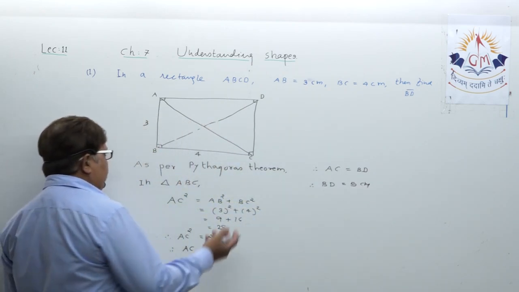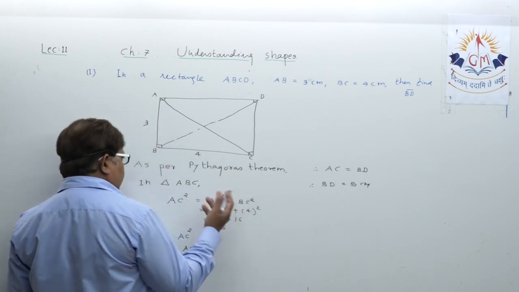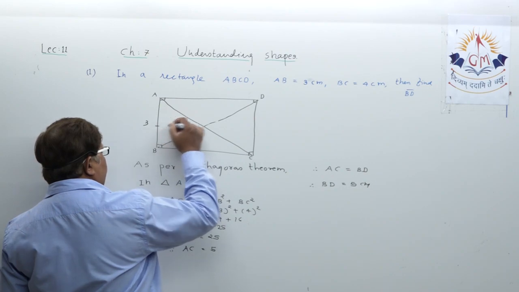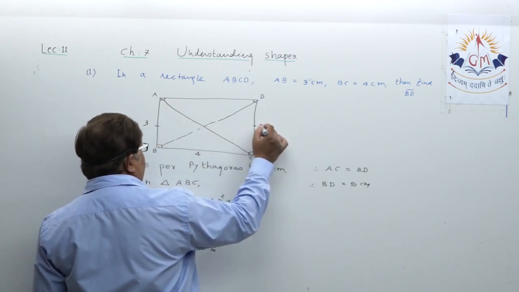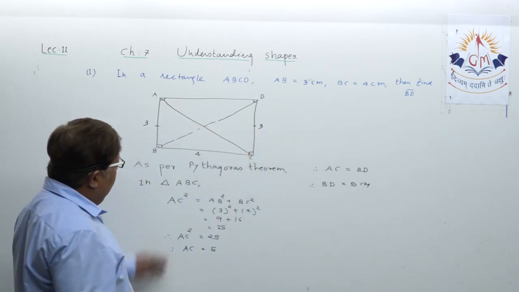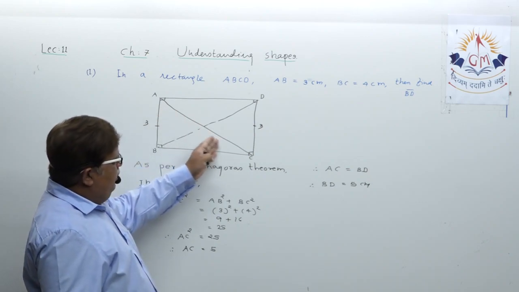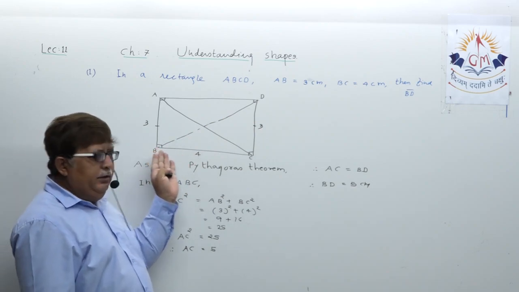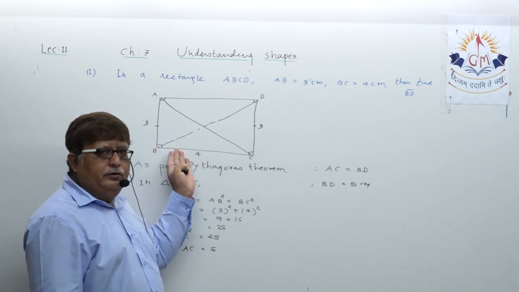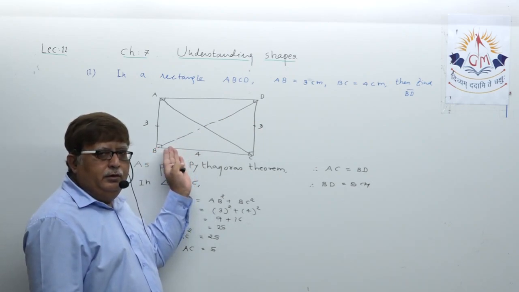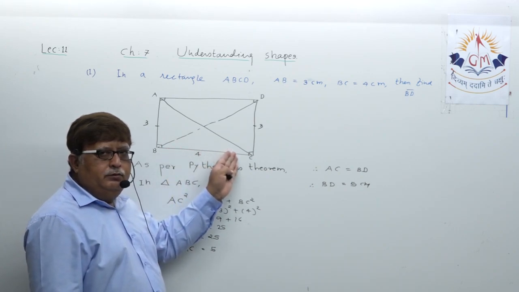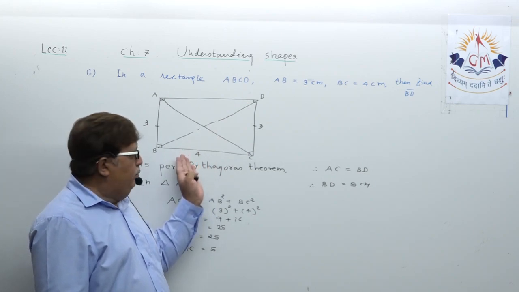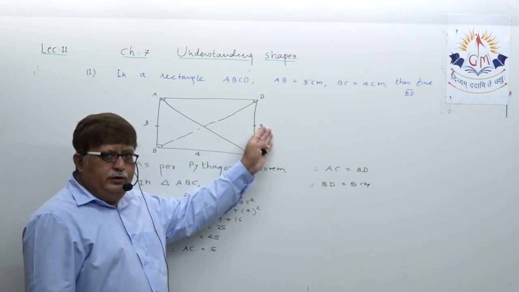Some student may solve another way also. They know that opposite sides are equal. They can take this as 3, and instead of joining AC, they will directly join BD, and taking Pythagoras theorem in triangle BCD, BD square equal to BC square plus CD square.